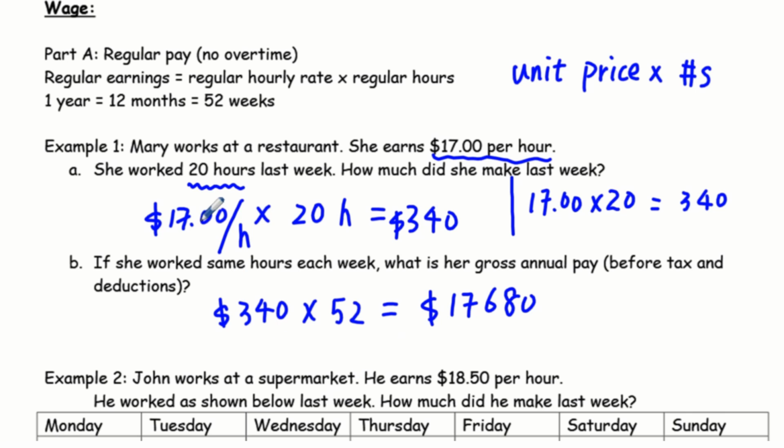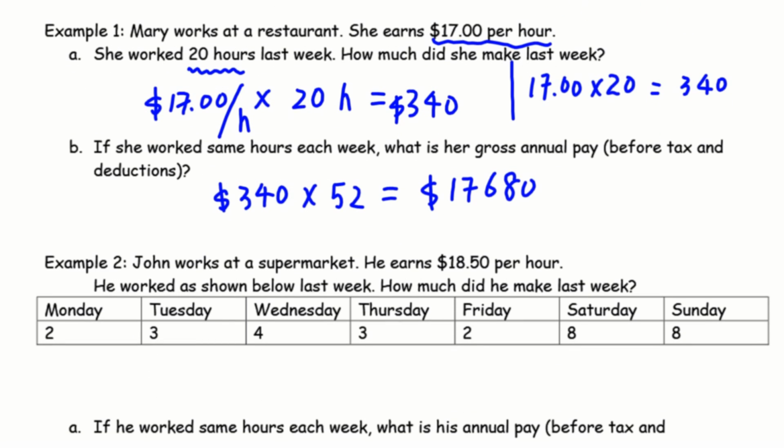So this is from unit price, the hourly pay times number of hours to get the total earnings for 1 week. Then from 1 week, we times 52 weeks, you have this total. Or you could write it as per week, then 52 weeks, put the units there.